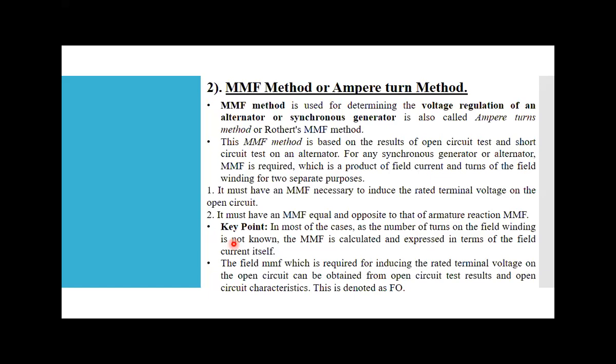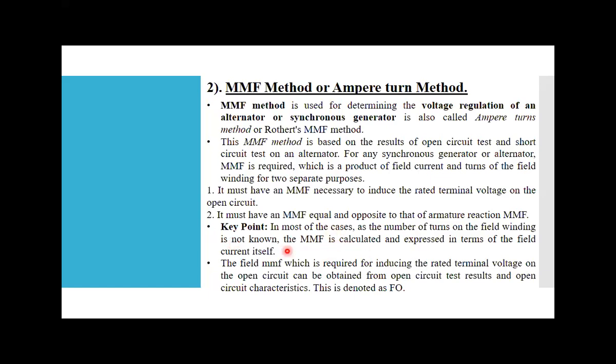But if you are a purchaser, you are not aware how many turns are there in the field winding. In the nameplate also, they never say that. What they give in a nameplate is the kVA rating, voltage, current, frequency, star connected or delta connected.